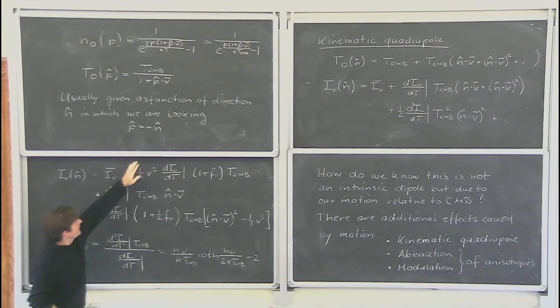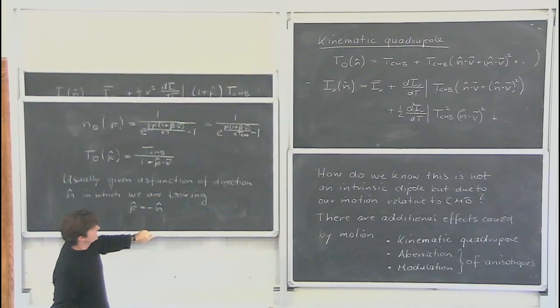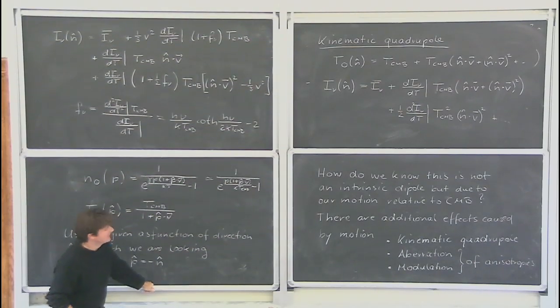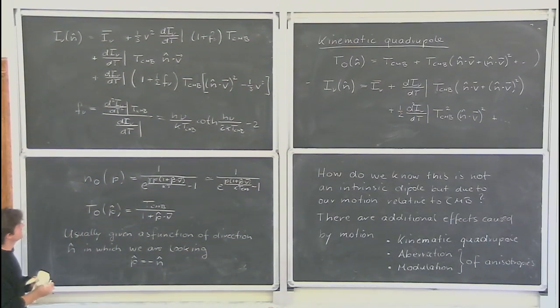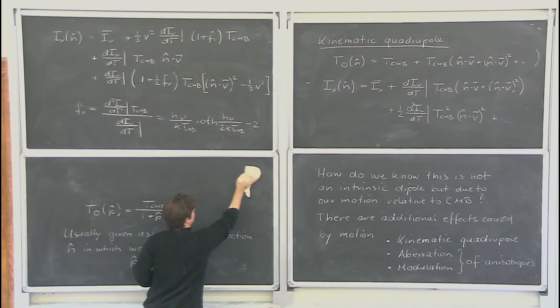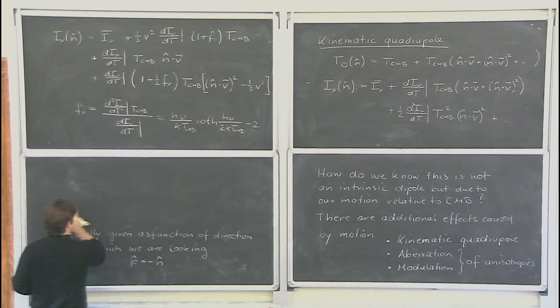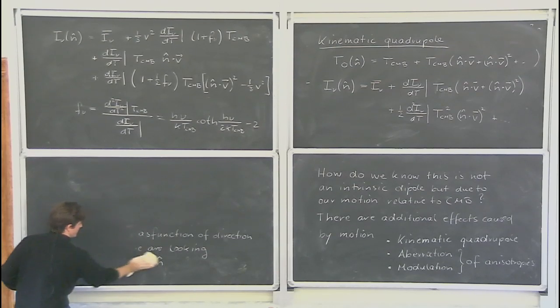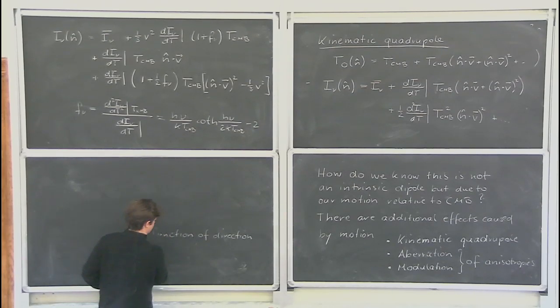What makes it a little bit anticlimactic is that this effect hasn't really been measured yet. So it's something you can in principle measure. It hasn't in practice been measured, but we assume that the motion is from the motion and then correct the maps for this.